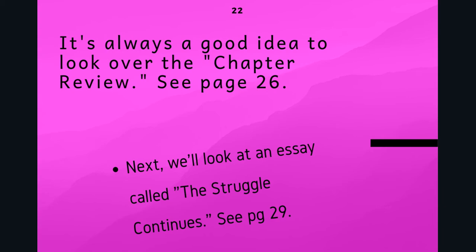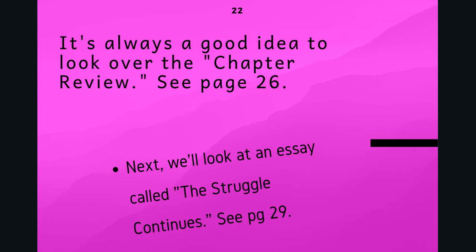Also, it's just a good habit to get into because when you're trying to learn material, you want to get into the habit of doing easy little things that will improve your memory of the material, right? So taking 2 minutes after we go through a chapter to look over the chapter review is 2 minutes very well spent because it will cement that information in your memory.